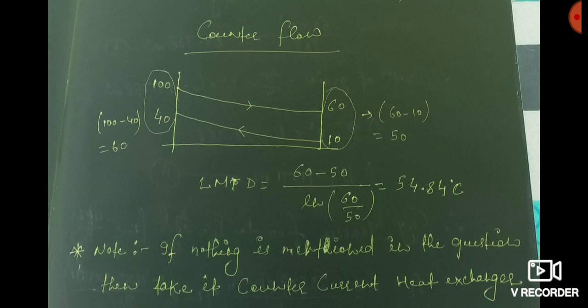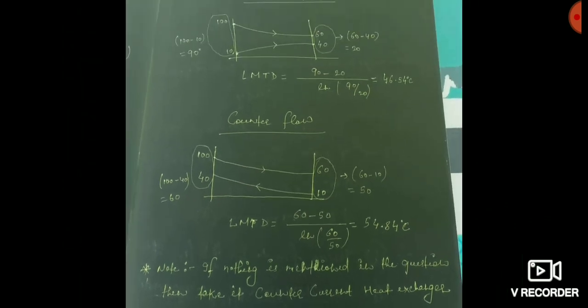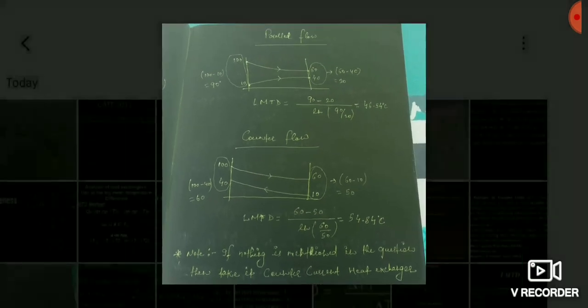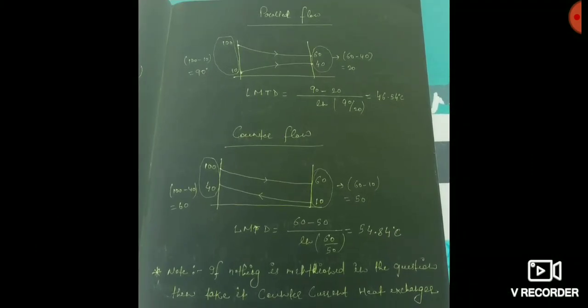In this case also you simply calculate the delta T1 and delta T2 values. Friends, here you can see that 100 minus 40 is equal to 60 and 60 minus 10 is equal to 50. I have calculated that, and then you can simply put it in the LMTD formula and get the answer. So friends, I think all of you should see this figure clearly and with full concentration so that this concept becomes clear.